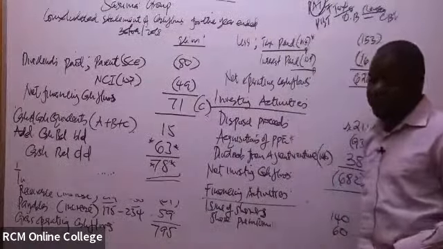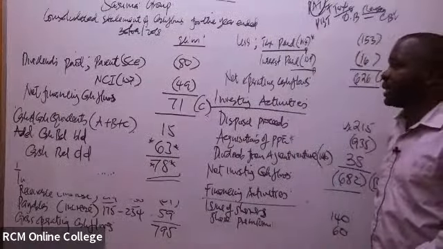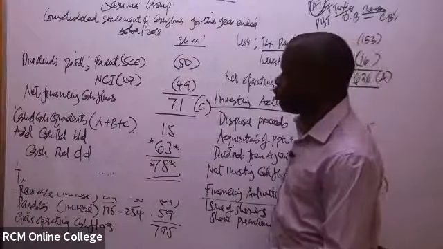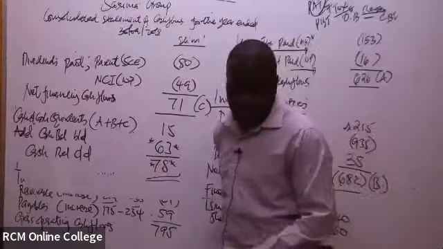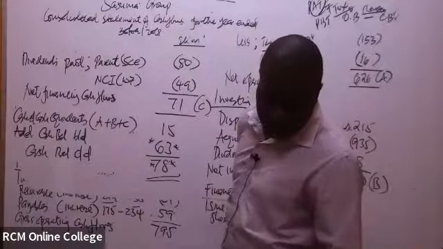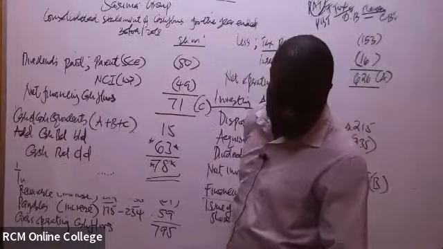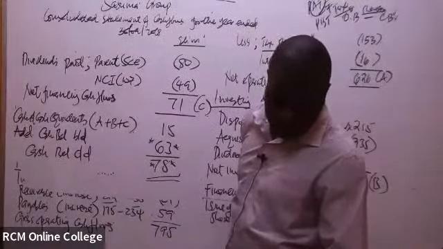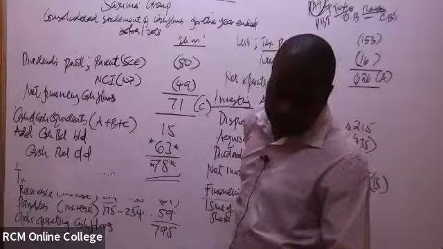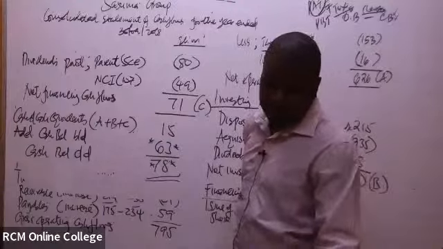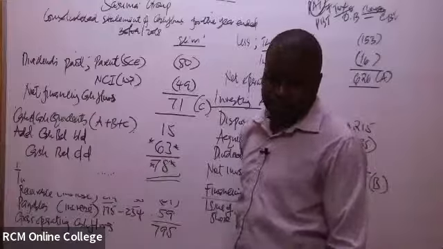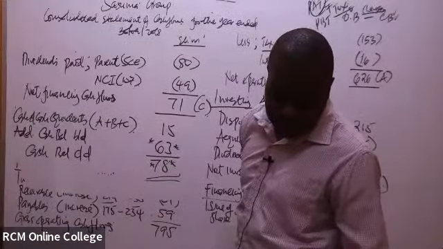NCI, where you'll be able to get the dividends that were paid to the non-controlling interest. Then which other key workings? The others are not very complicated. For example, impairment on goodwill might not have so many adjustments.